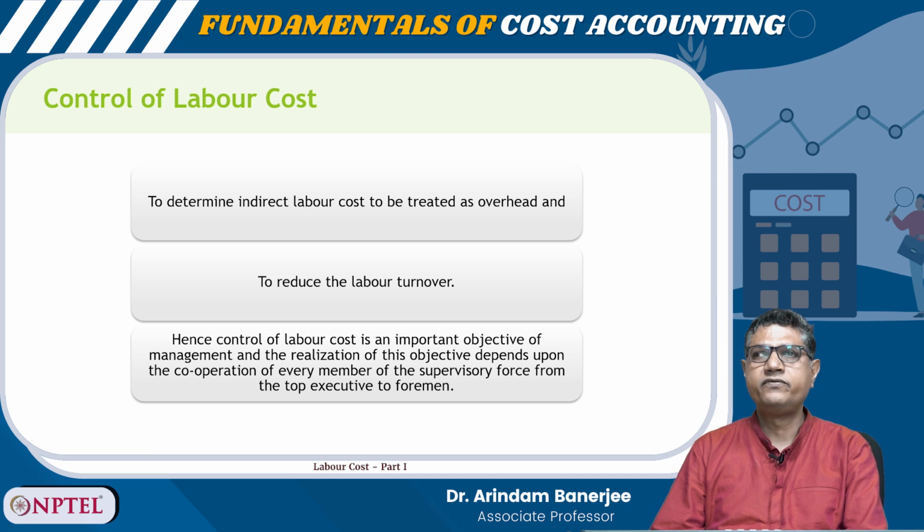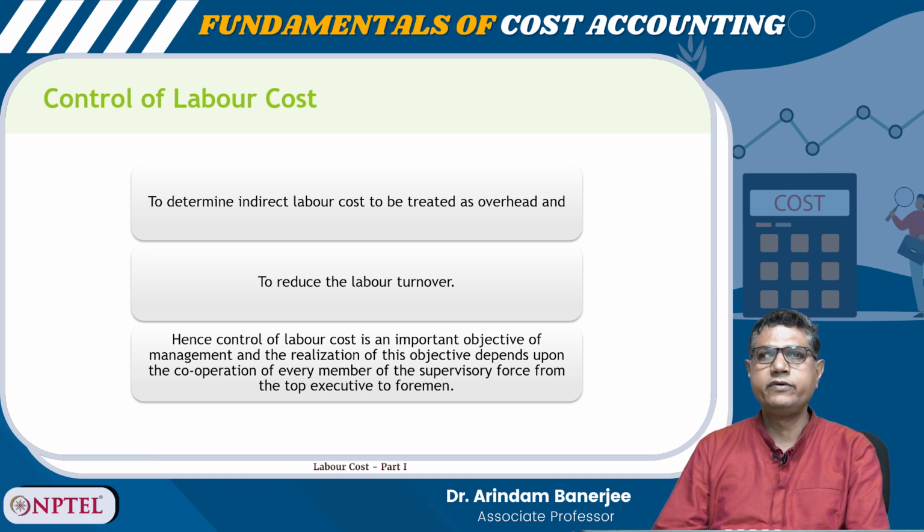Hence, the control of labor cost is an important objective of management, and the realization of this objective depends upon the cooperation of every member of the supervisory force from the top executive to foreman.